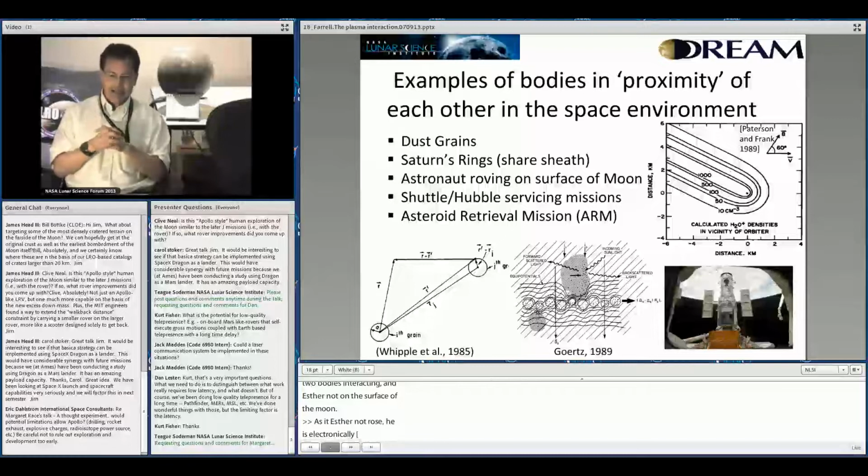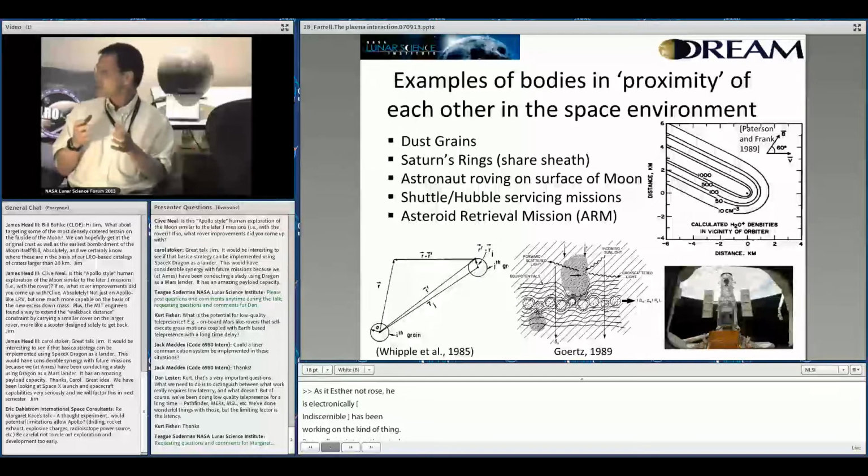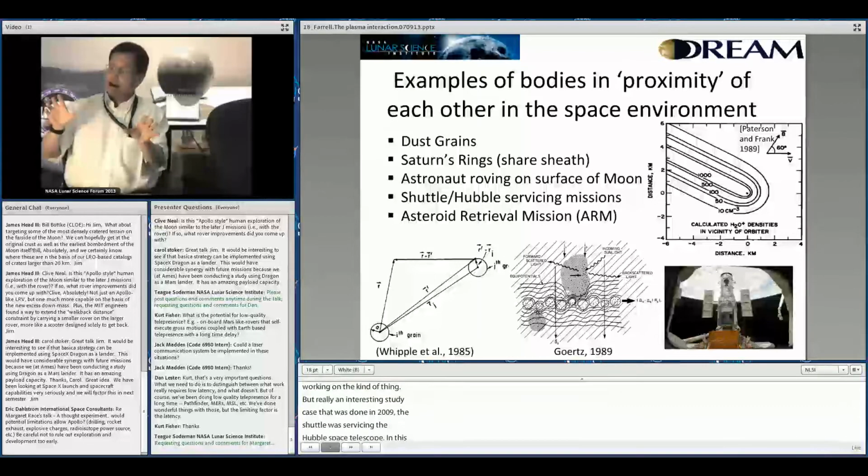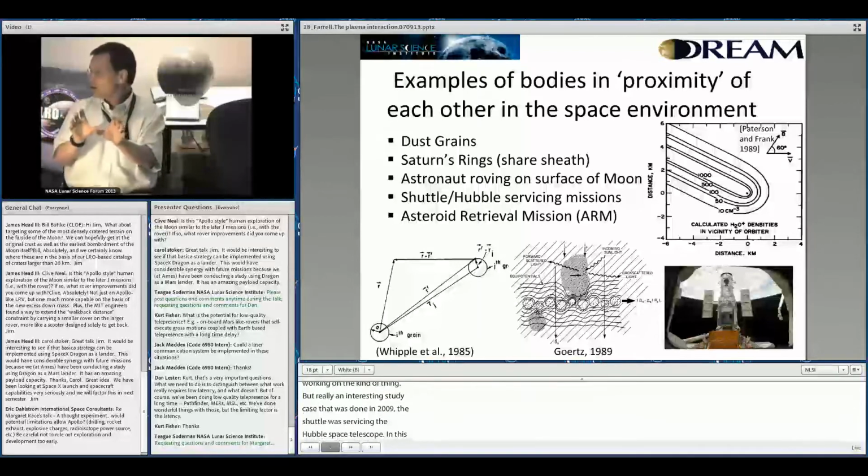But a really interesting case study was done in 2009 when the shuttle was servicing the Hubble Space Telescope. In this case, the shuttle and the Hubble were initially electrically disconnected, and they came to electrical connection. What was really interesting is that the shuttle is a big water cloud.